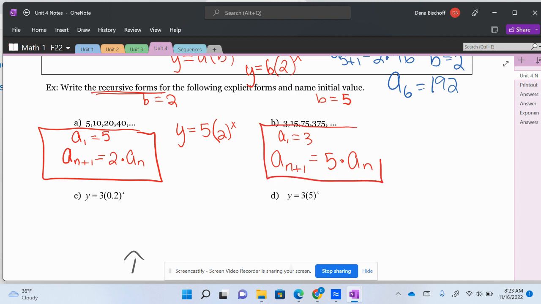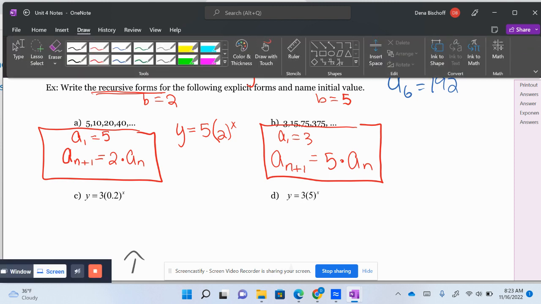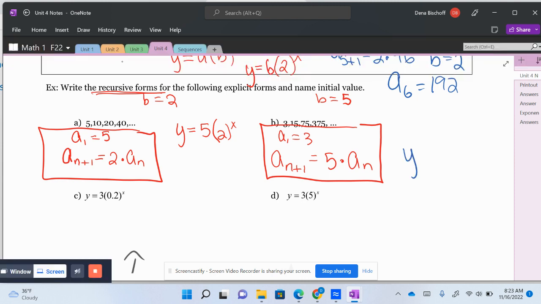This is the recursive function. What's the explicit formula going to be? Good job. y equals 3 times 5 to the power of x.